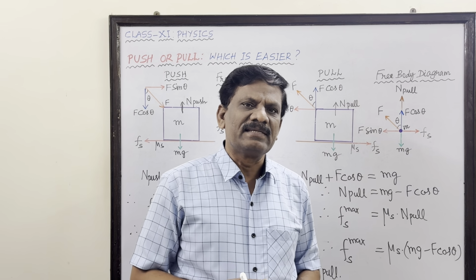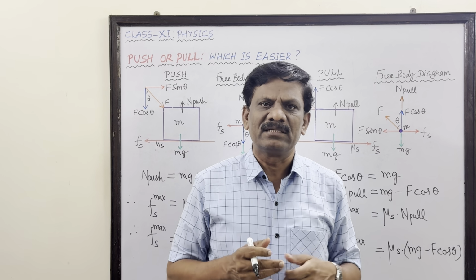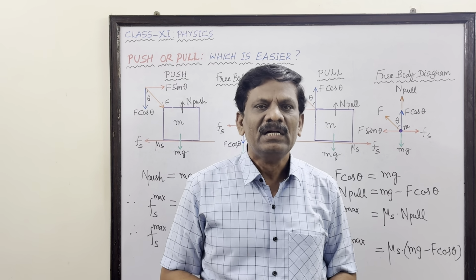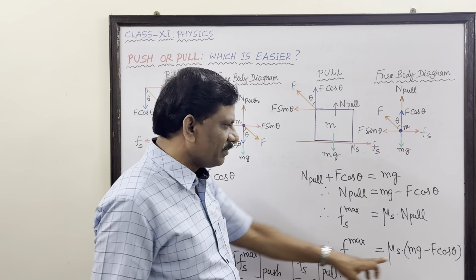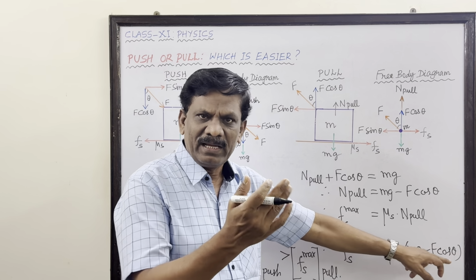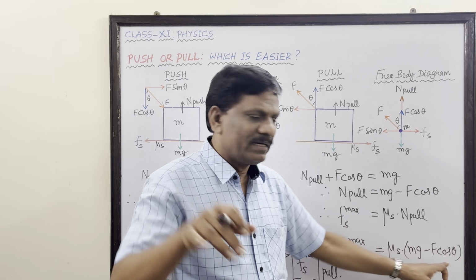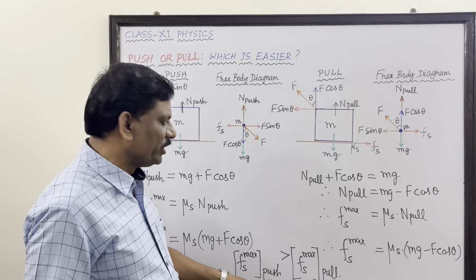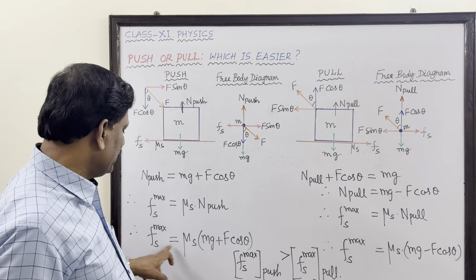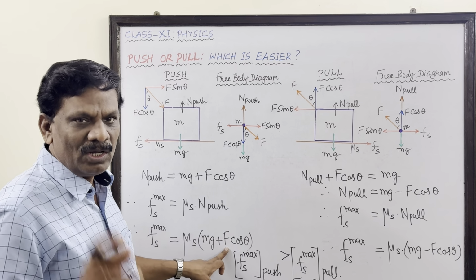In most cases we push or pull along the horizontal direction, where theta is equal to 0 degrees. If you substitute theta equal to 0 and apply a force along the horizontal direction, cos 0 will be equal to 1. For pushing, Fs maximum is mu s into (mg plus F into 1).